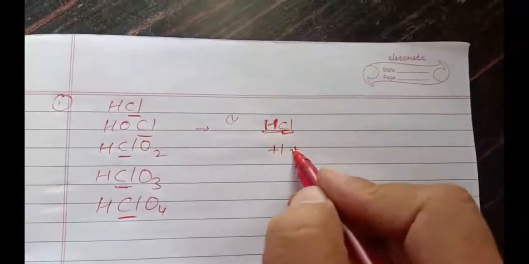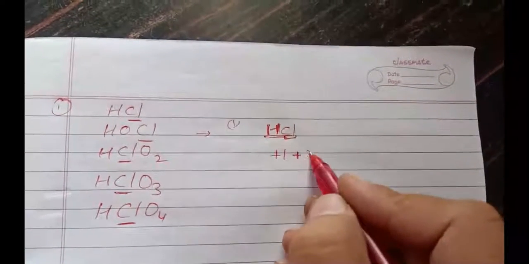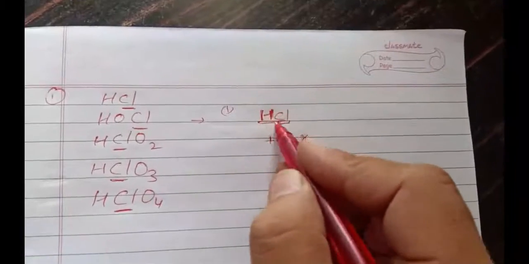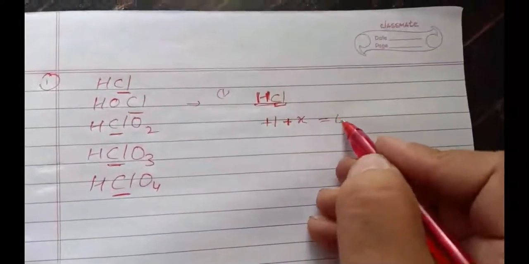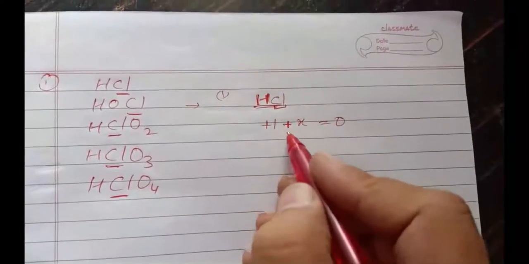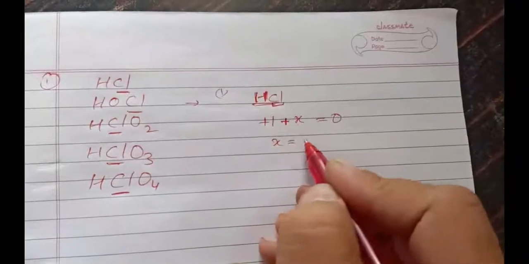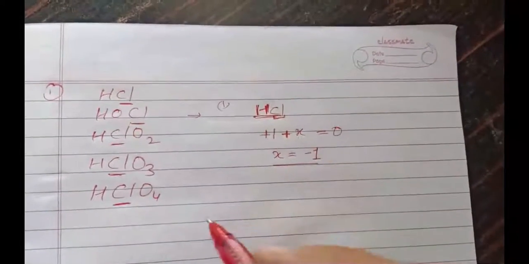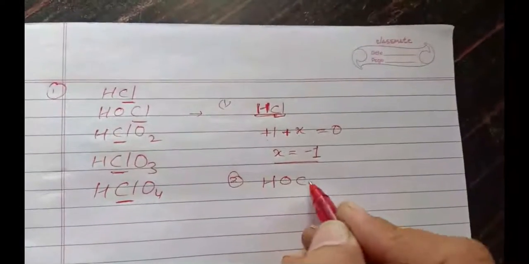Now again we put a plus sign and write the oxidation number of chlorine, which we don't know, that's why we write X. The sum of oxidation numbers of all the atoms present in a molecule is always equal to 0. This you have learned already. So if +1 plus X is equal to 0, then X will be equal to -1. So here the oxidation number of chlorine is -1. Similarly, for example number 2, HOCl.